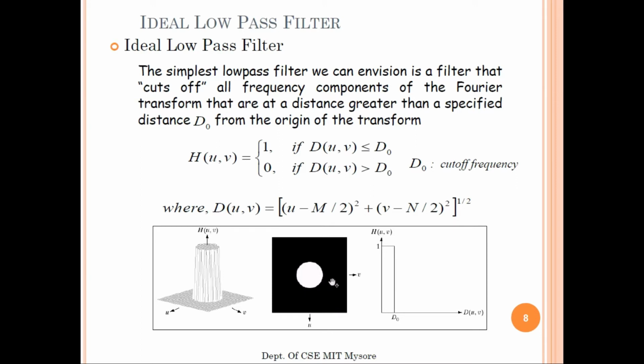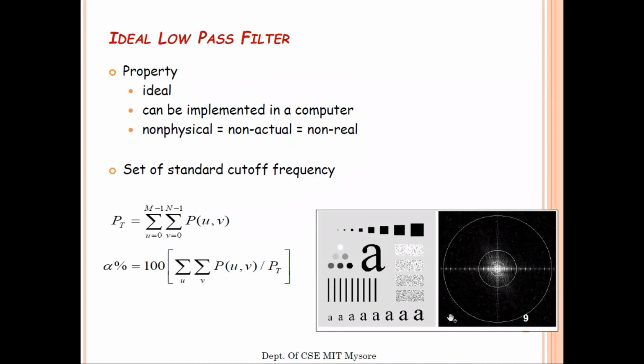So, the center value is 1 and the surrounding value is 0. In the graph, if the D value is less than D0, that frequency becomes 1, and greater than D0 it becomes 0. So, the property is ideal and it can be implemented only in a computer, not physically, as it is non-real.